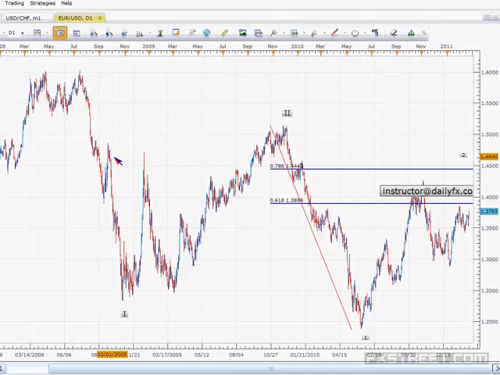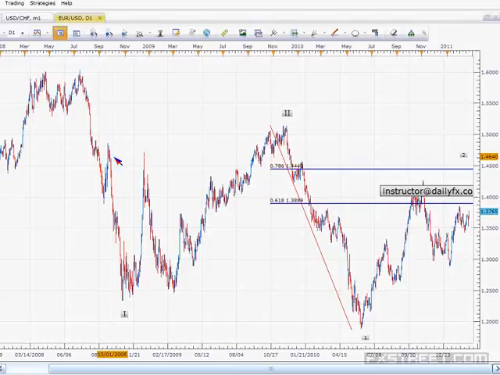So this could be right here a similar nesting to what we were seeing inside the euro dollar. So this could be a Roman numeral I, letter 1 on the way up. This could be number 2.